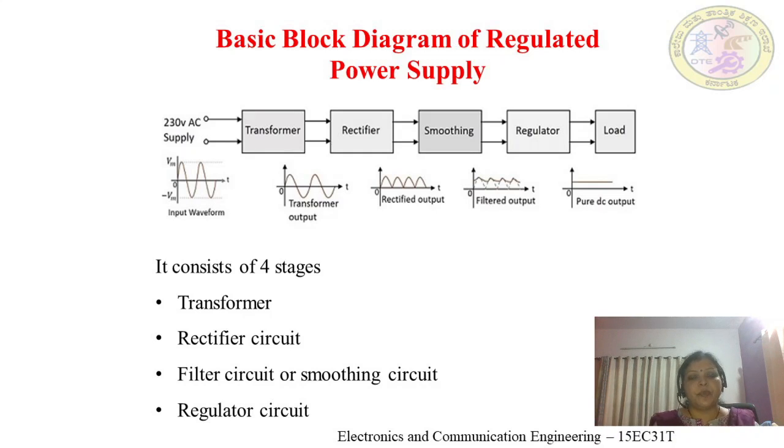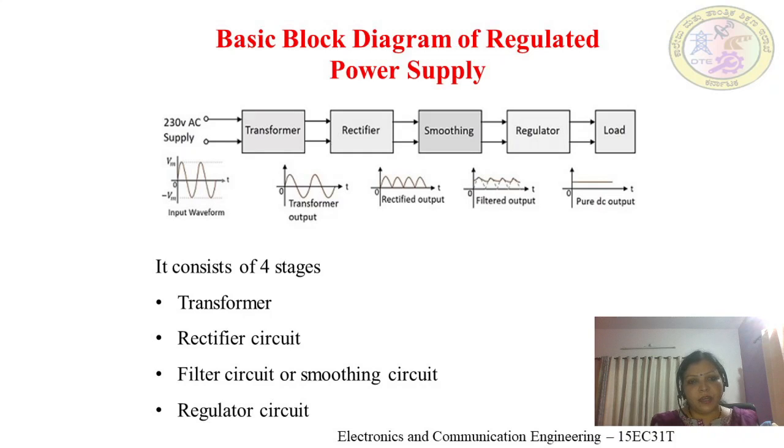We can see this very clearly in the diagram. The input to the transformer is of maximum amplitude, peak to peak Vm to minus Vm, instantaneously varying, which is sinusoidal in nature.